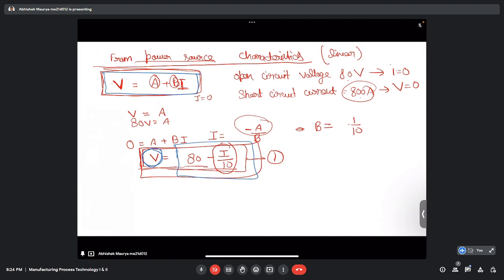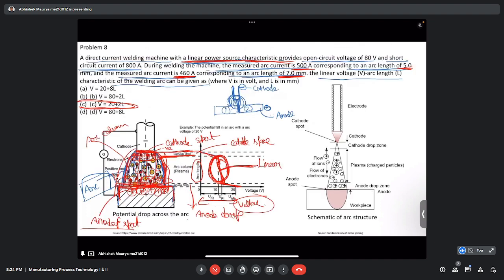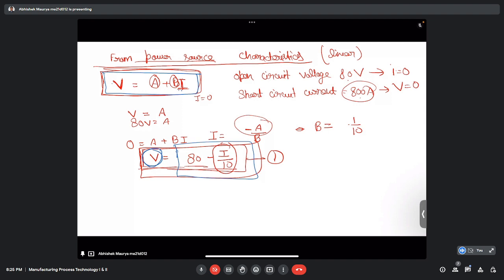In the question it is given a linear power source. Linear power source means we have this kind of relation, a linear relationship between voltage and current, but we don't know A and B. But we are given two pieces of information: one is the open circuit voltage, 80 volts, and the other is the short circuit current, 800 amperes.